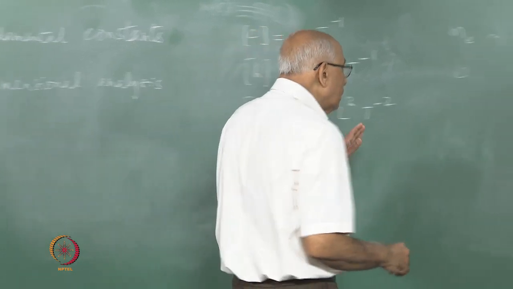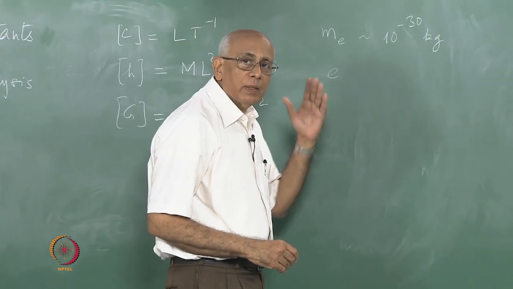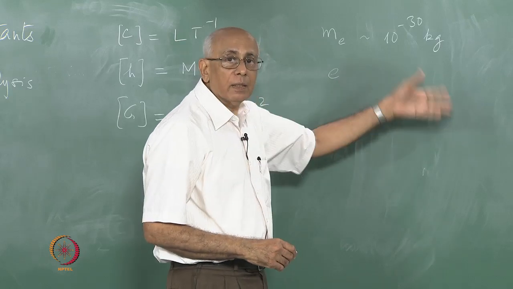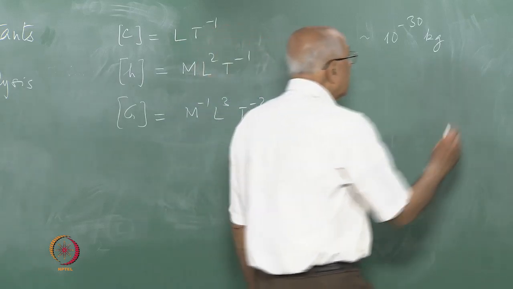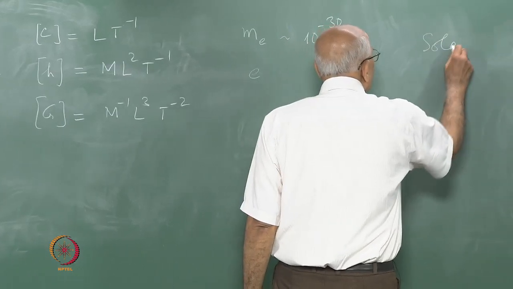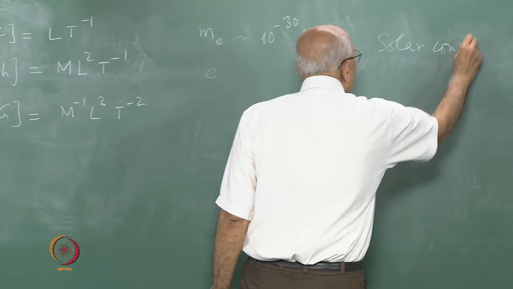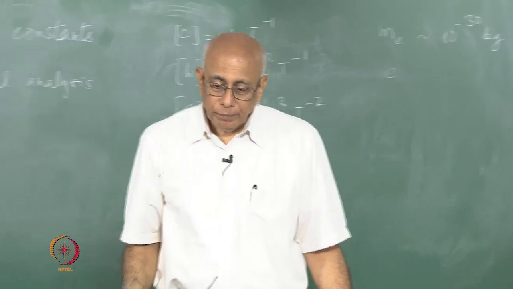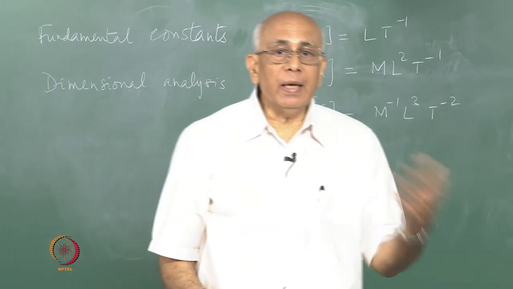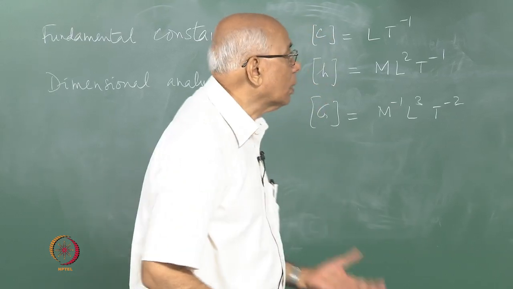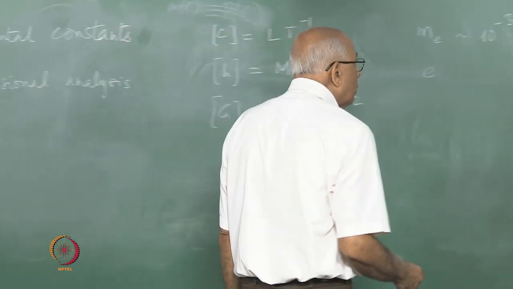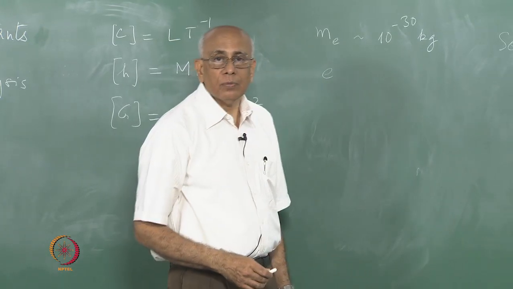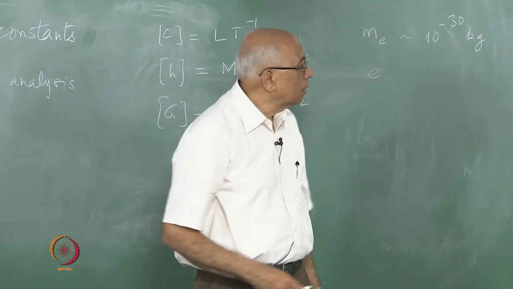And then there are various other kinds of constants one can associate with these quantities and other derived quantities. For instance, you might say, how about the solar constant? How about a constant like the specific heat of a particular material, like water, for instance? Or how about the refractive index of a liquid or a solid, and so on.